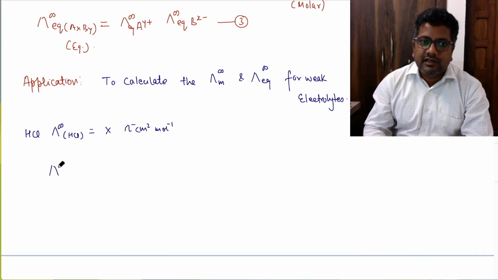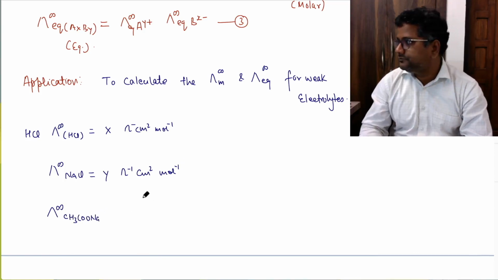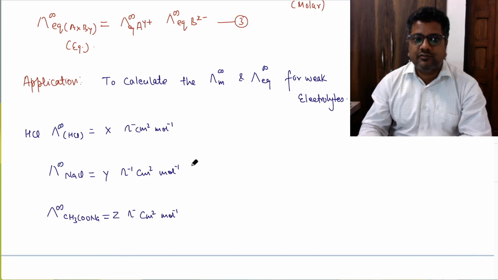And lambda infinite for NaCl is equal to Y ohm inverse centimeter square per mole. And lambda infinite of CH3COONa is equal to Z ohm inverse centimeter square per mole. Suppose that this is given.